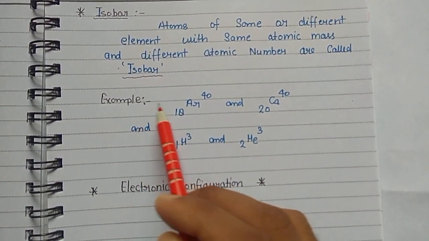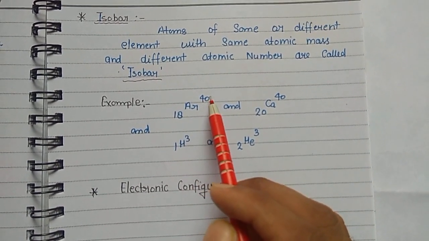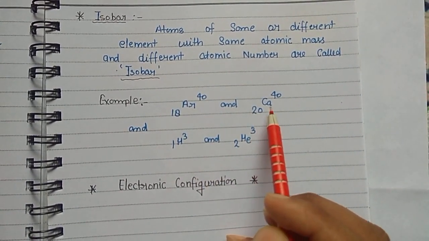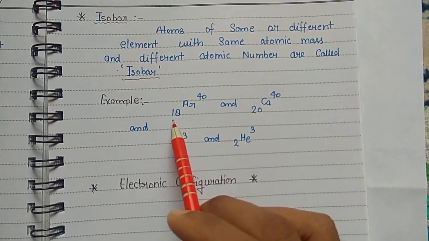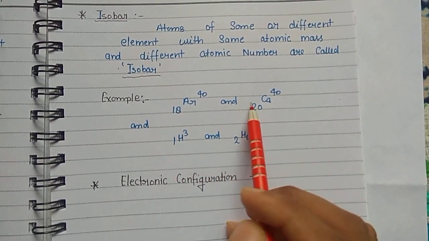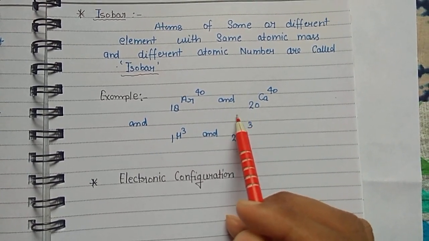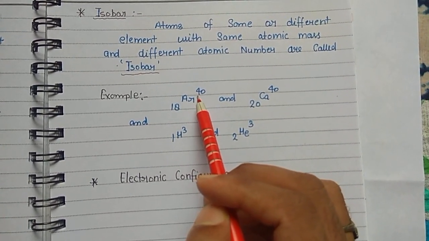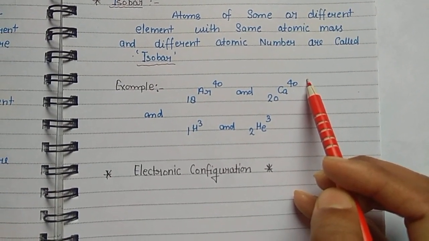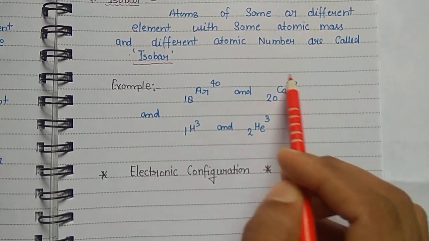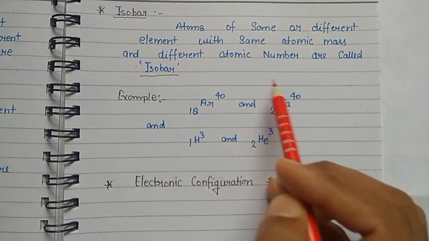For example, 18 argon 40 and 20 calcium 40. In this pair, the atomic numbers of argon and calcium are different, but the atomic masses are the same. So this pair is isobars.